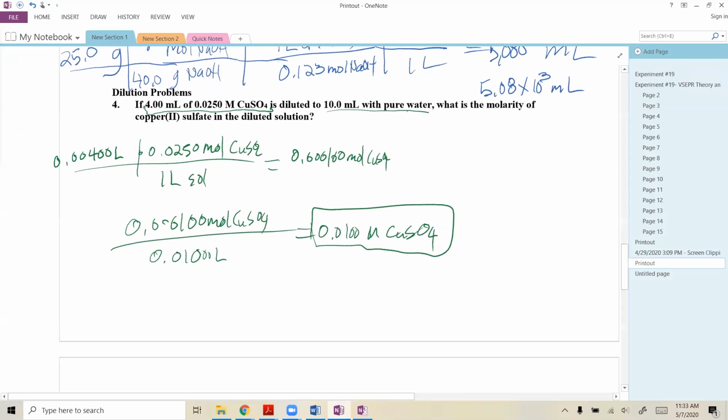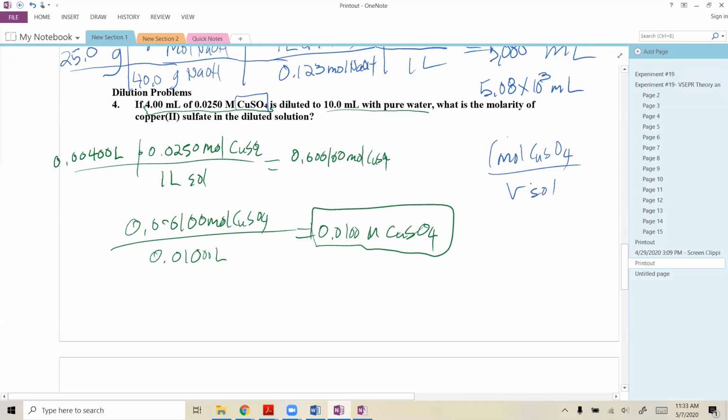For question number 4, it wasn't so much that you had to see that they were equal, but you had to understand that when we add in water, the part that's not going to change is this copper sulfate. So when it's asking us for the molarity in the diluted solution, it's asking us moles of copper sulfate over the volume of our solution.